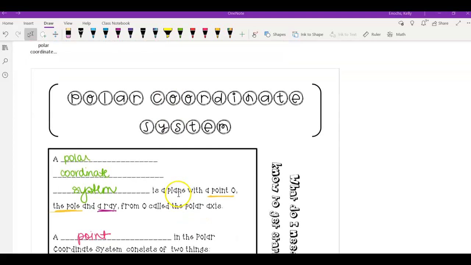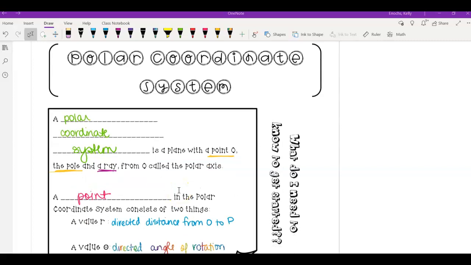So we're going to start, and basically a polar coordinate system is a plane, just like your Cartesian plane, your XY graph. But this time we're going to talk about our point O being the pole or the origin, and then all of the rays that extend from that point O. When we think about any point in the coordinate system, we're talking about some ray that comes off of point O. And when we find that particular point, we need two kinds of measurements.